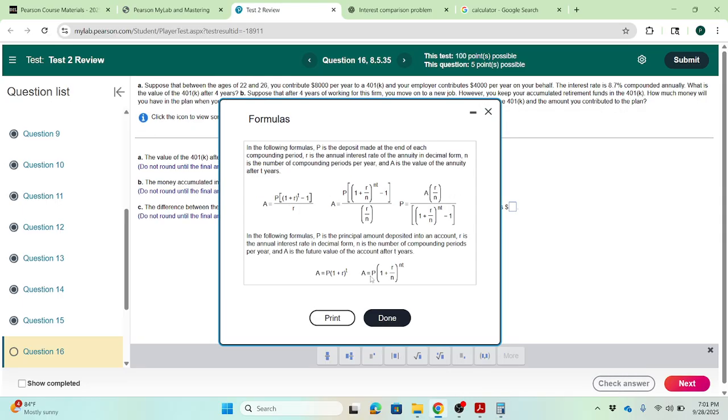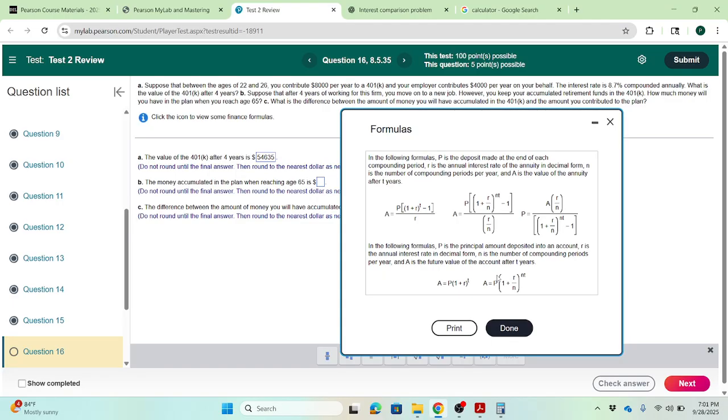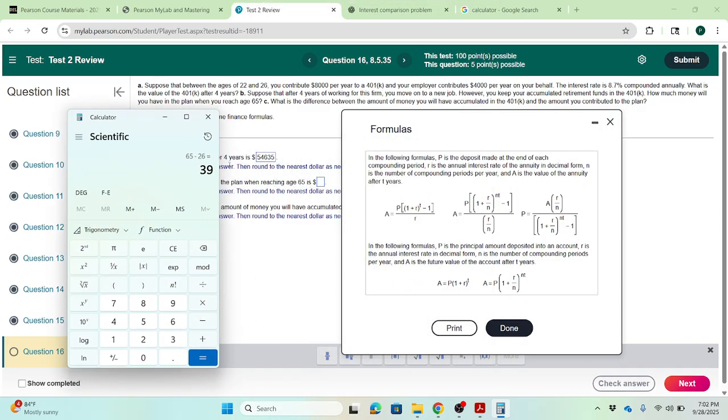In this case you have to use this formula, because the money you put there, that 54,635, is a one-time deposit. There will be no more additional deposits. So this is the formula you have to use. P means the initial value, which is 54,635, times 1 plus the same rate, which is 8.7%, divided by compounded annually, so one time a year, and then to the power of how many years.